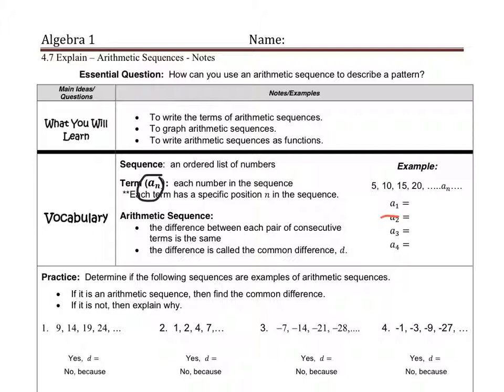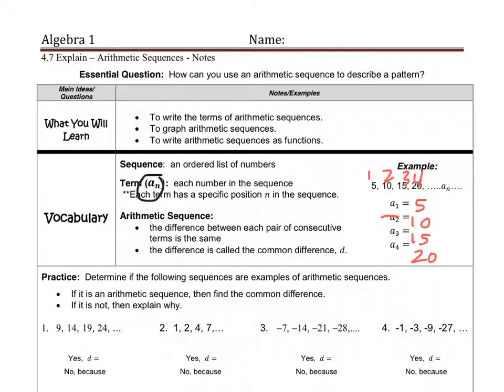So a sub 1 is 5, a sub 2 is 10, a3 is 15, and a4 is 20. So each one of my terms is just 1, 2, 3, 4.